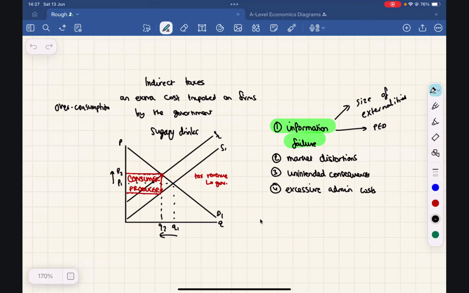For example, the government could tax mobile phones to prevent people from just buying new phones whenever they feel like it. Then you could do the same diagram and say a government failure might be that it's hard to judge the PED of mobile phones. I'm just making up an example; the extract will help you more than what I'm saying.